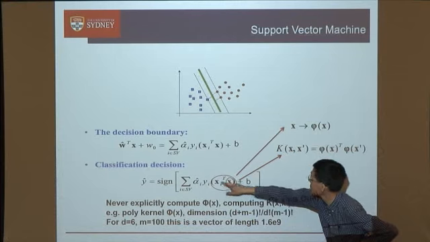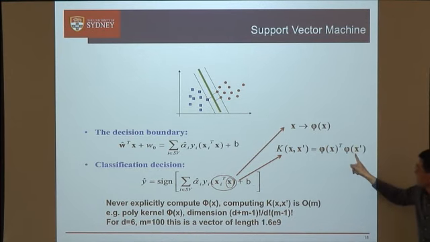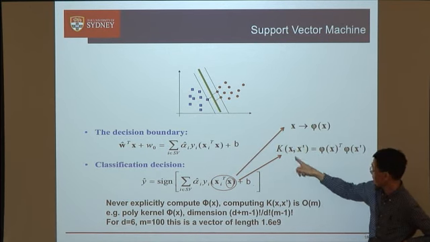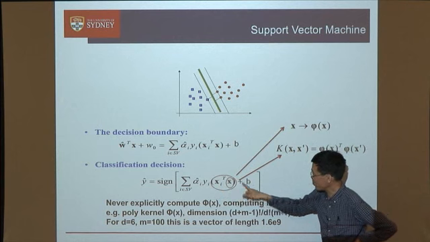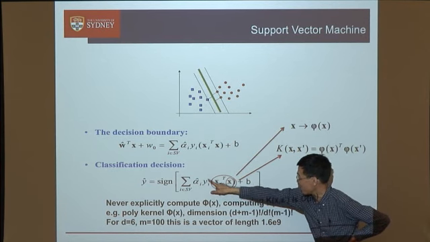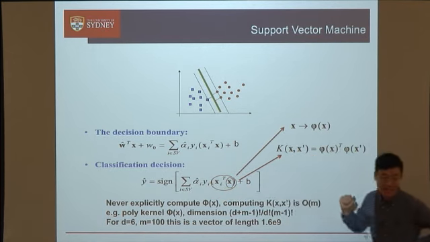And then, instead of doing this dot product, I do the dot product between these in the high-dimensional space. But I don't actually have to explicitly evaluate that. I just replace that by kappa(x_i, x). Okay? And that's for training. I can actually do something similar for the learning part of the algorithm.